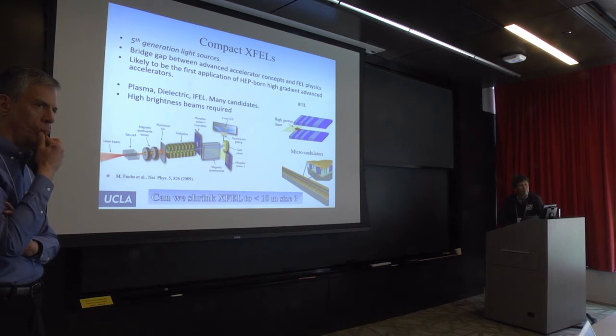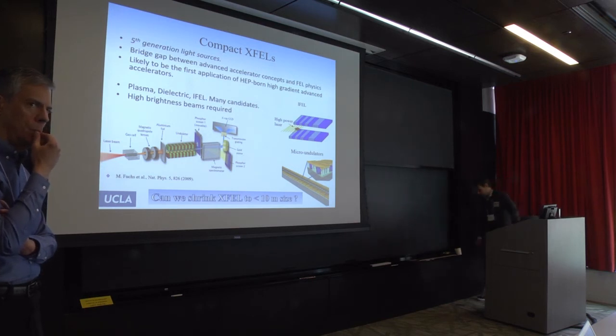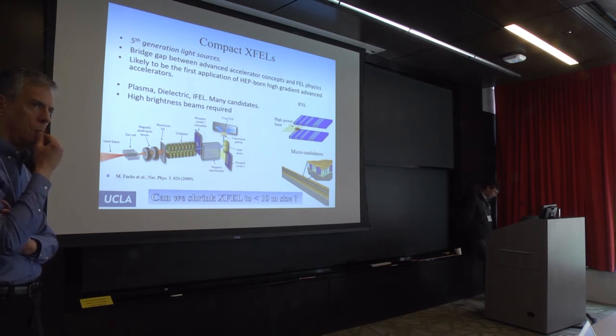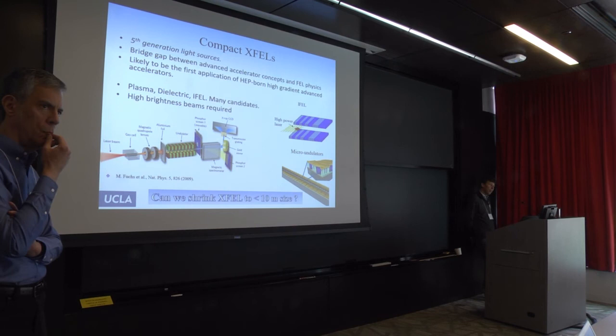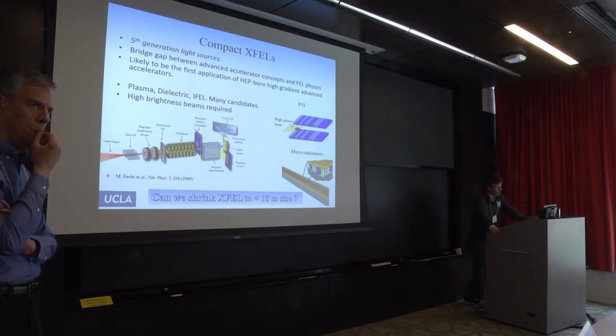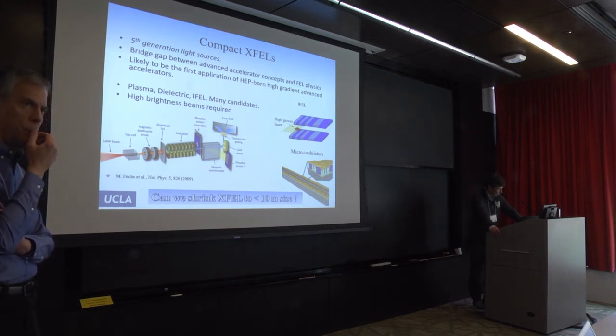You start with a very high brightness photoinjector based on new technology, where we made the first jump in understanding how it works through CBB funding over the last year and a half. Since Pietro put in relevant numbers: you have micron scale emittances that allowed us to make the XFEL to begin with. Now we can have emittances a factor of 20 smaller than that. That changes everything. For all the reasons Pietro said, everything shrinks down.